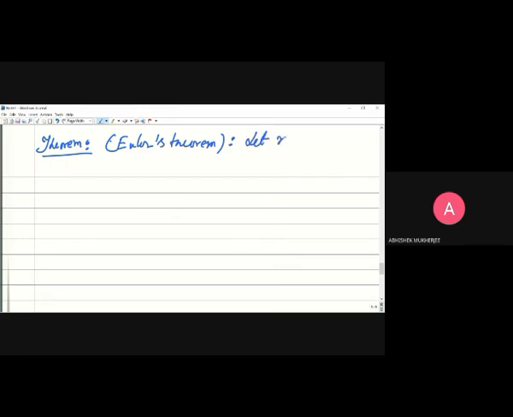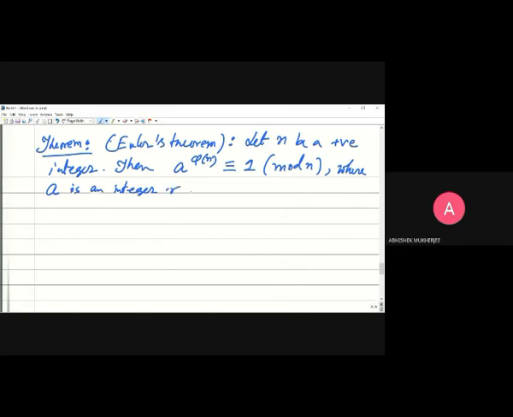It states that let n be a positive integer, then a to the power phi n is congruent to 1 mod n, where a is an integer relatively prime to n, and phi is the Euler's phi function.